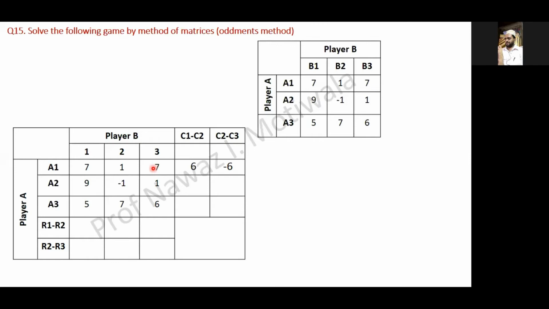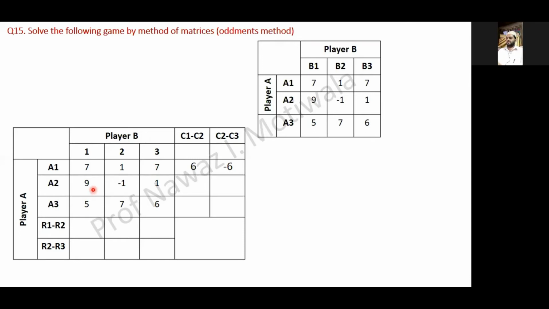Previously when we solved by Oddman's method, I said that it will be bigger number minus smaller number, because there we were finding oddments directly. Oddments cannot be negative. But here I am not finding oddments yet. I am just finding the difference between column values and the difference between row values. So here we have to write whatever answer we get, whether positive or negative.